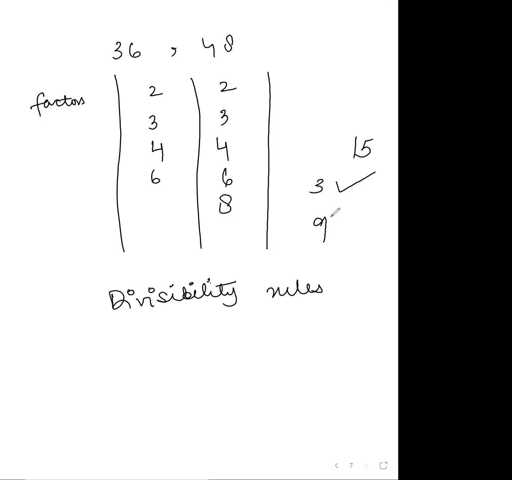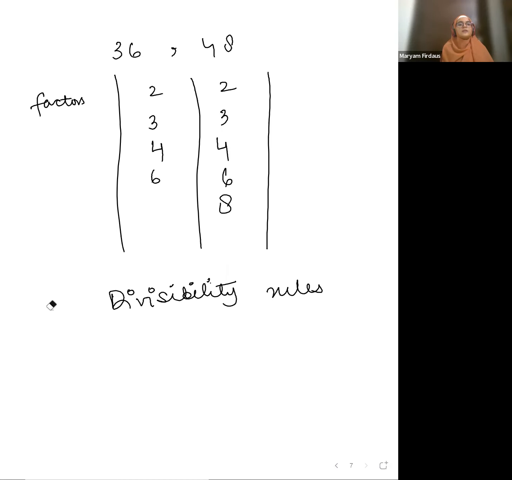No, no. See, Hiba, a little bit of your concept is fine, but you're confused about one small thing. If you have the numbers 9, 6, 8: if a number is divisible by the bigger number 9, then it will definitely be divisible by the smaller number 3, because 3 is a factor of 9.